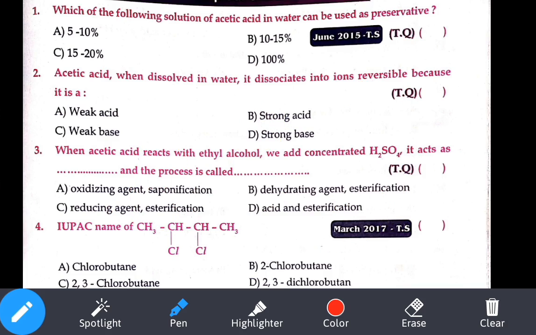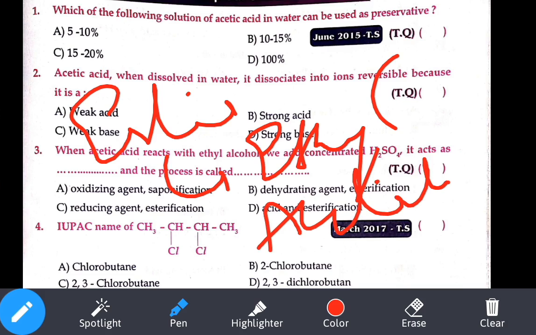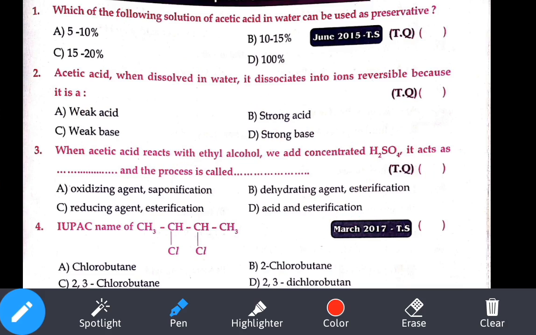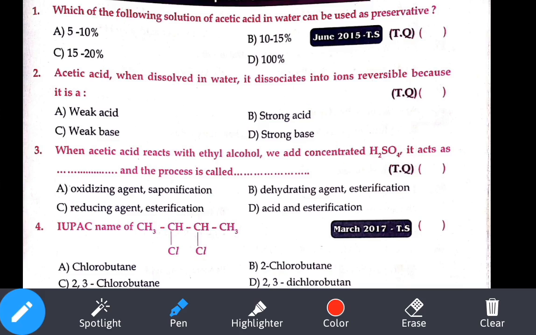Another name for the ester is ethyl acetate. Since the ester is formed, this process is called esterification. Concentrated H2SO4 will act as a reducing agent, and the process is called esterification. So the answer is option number C.